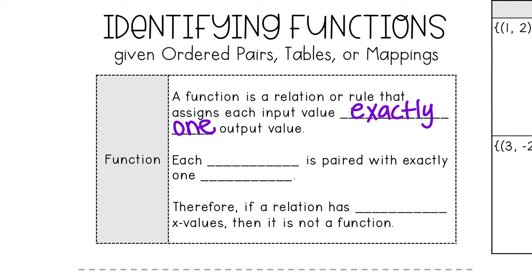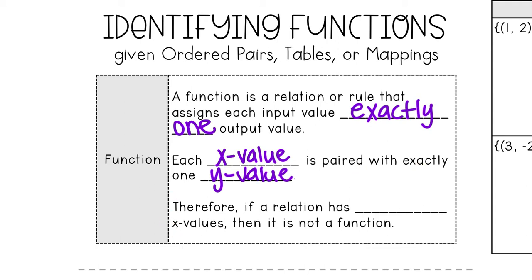What that means for us, since we deal with coordinate points, is that each x value is paired with exactly one y value, because x represents our input and y represents our output. That's the official definition right there.